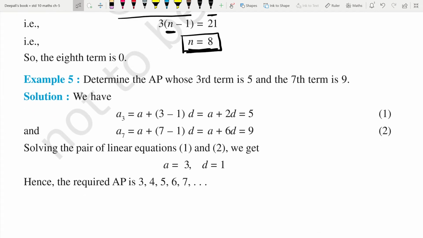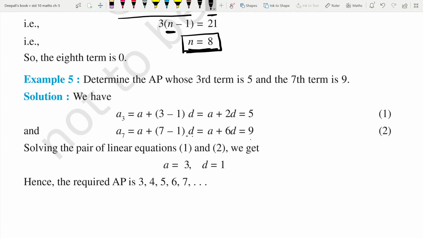Determine the AP whose third term is 5 and seventh term is 9. Now we know that A3 is A plus 3 minus 1 D, that is A plus 2D, is equal to 5, and A7 is equal to A plus 7 minus 1 D, which is A plus 6D, which is equal to 9.